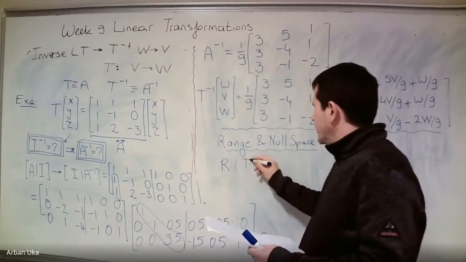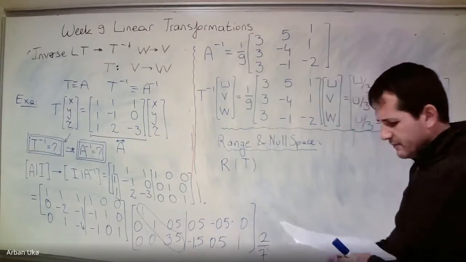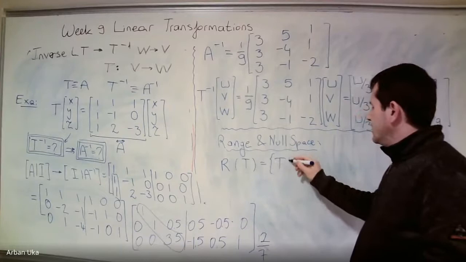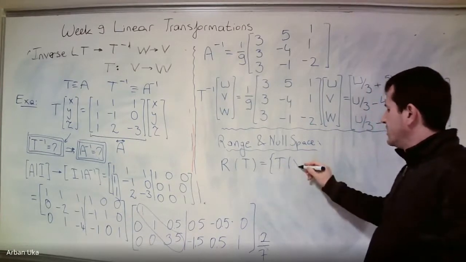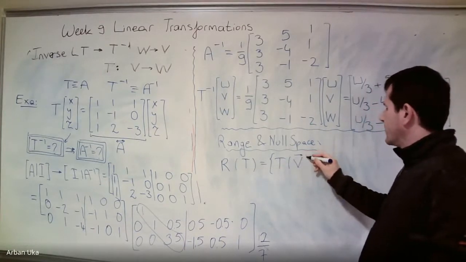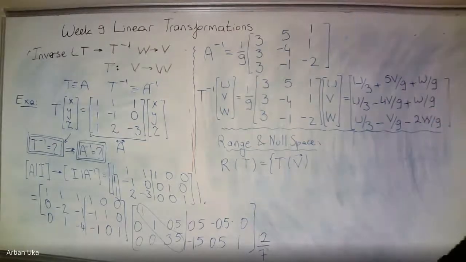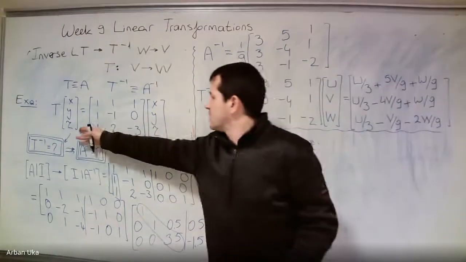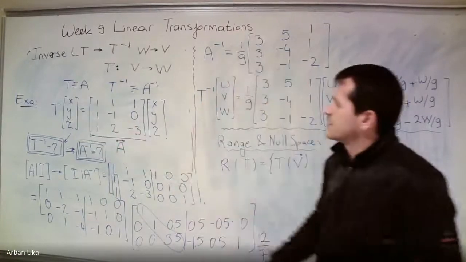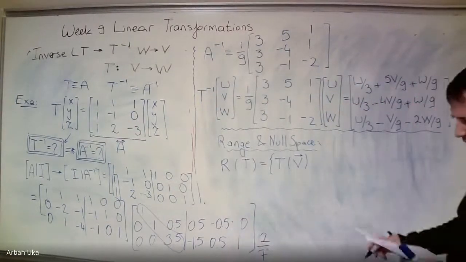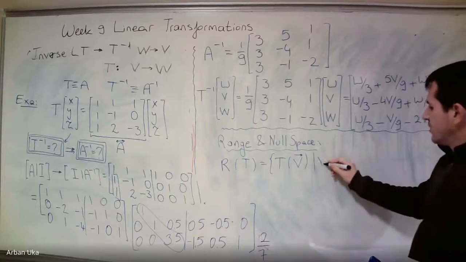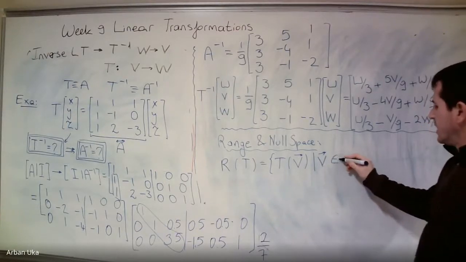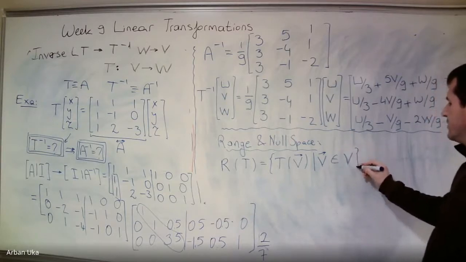So the range of any linear transformation T is equal to T applying the linear transformation on all the vectors which are in the vector space V, right? So this is the range. We apply whatever the transformation is on all of the vectors, which in this case would be x, y, z, and these are such that all these vectors here are elements of the vector space V.